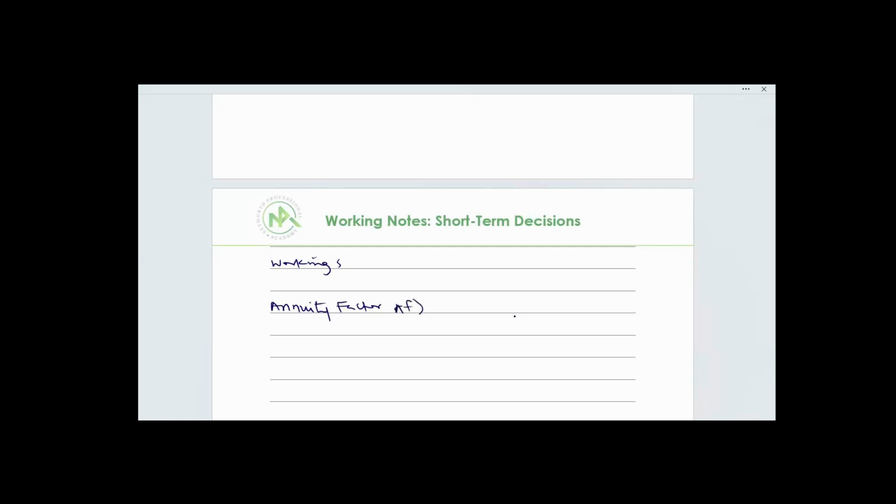AF, annuity factor, can also be called cumulative discount factor. Annuity factor is calculated as 1 minus (1 plus cost of capital) raised to power minus n, all divided by r. In this question, the cost of capital given to us, which is r, is equal to 12%.